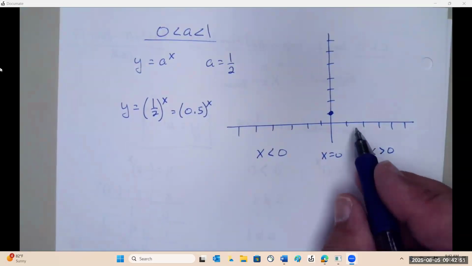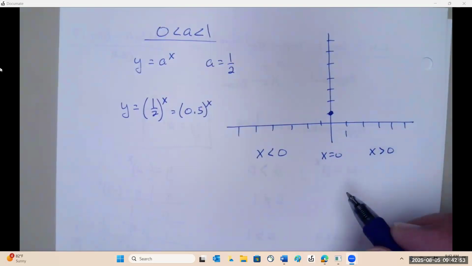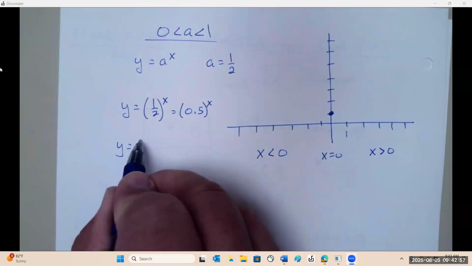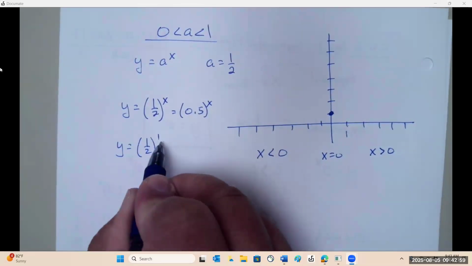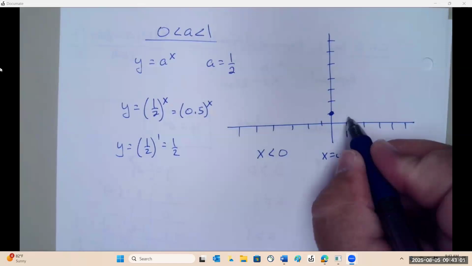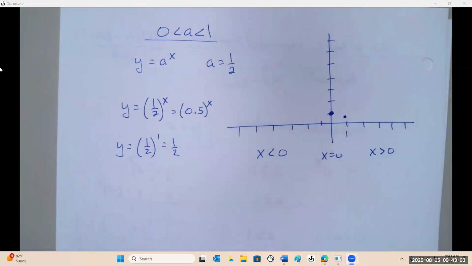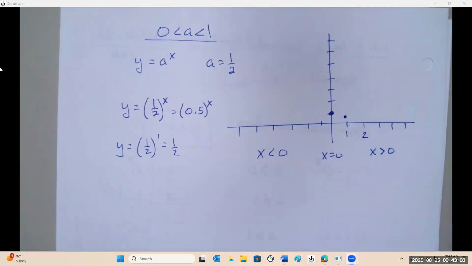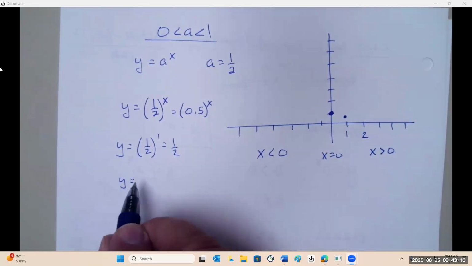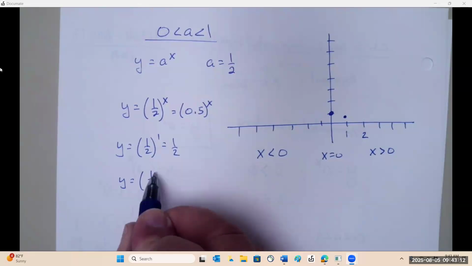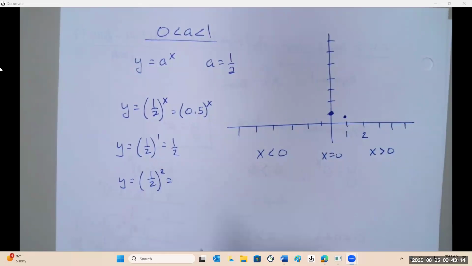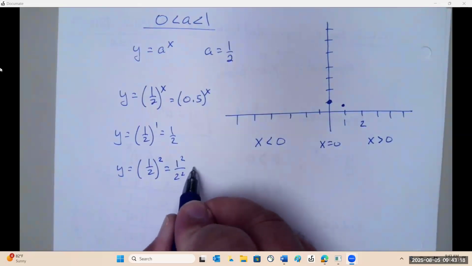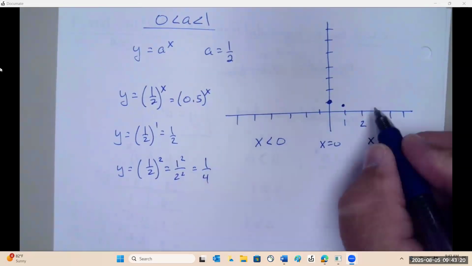Let's look at the positives. When x is positive 1, what's the answer? If we have 1/2 to the power 1, that's 1/2. When x is 2, 1/2 to the power 2. Yeah, so it's 1 squared over 2 squared, which is 1 over 4, so it's 1/4.